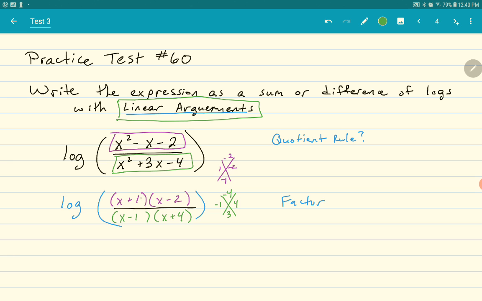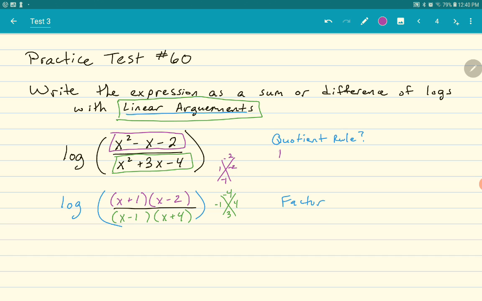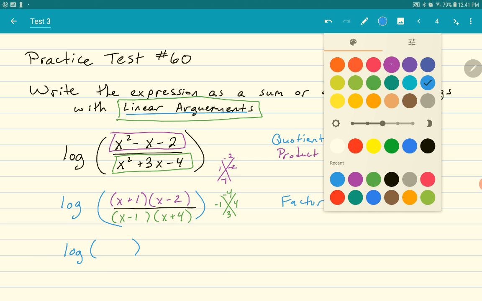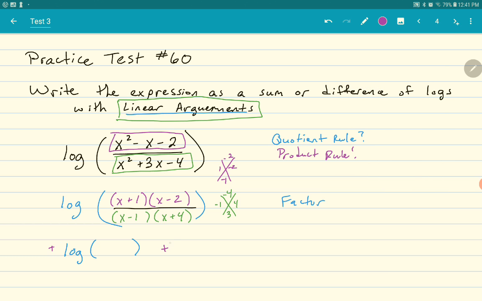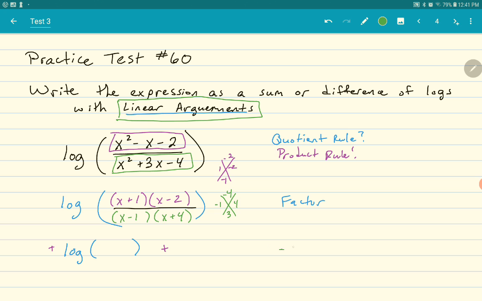I also have a product rule, because notice I have a product in the numerator and in the denominator. So I'm going to use the product rule and the quotient rule. What I do to apply both of those rules at the same time is I have 4 arguments, so I'll write 4 logs, and every time it's in the numerator, it's a positive, and every time it's in the denominator, it's a negative.